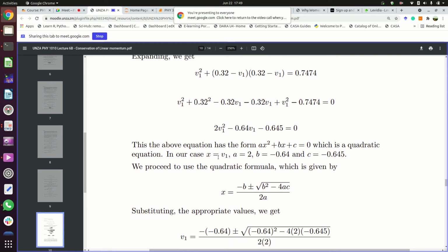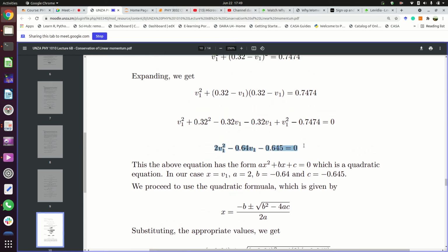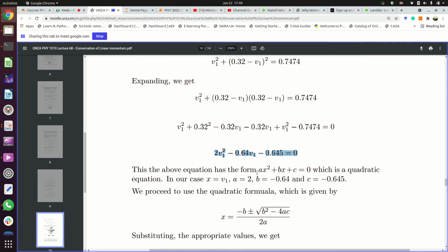Now, when you look at this new equation, it looks very similar to, I'm sure, an equation you have seen before. It looks similar to ax squared plus bx plus c equals 0, which is a quadratic.